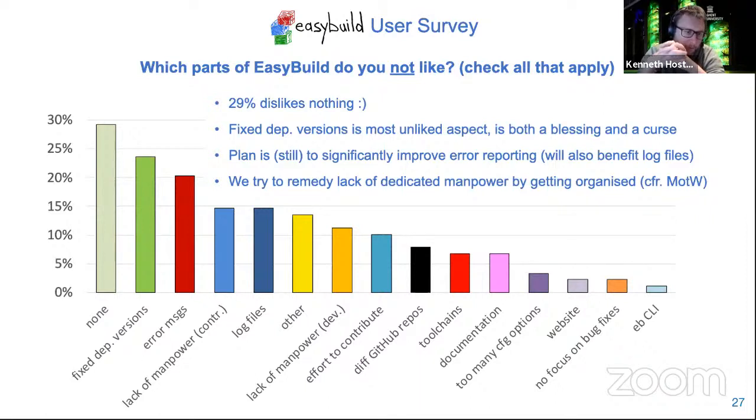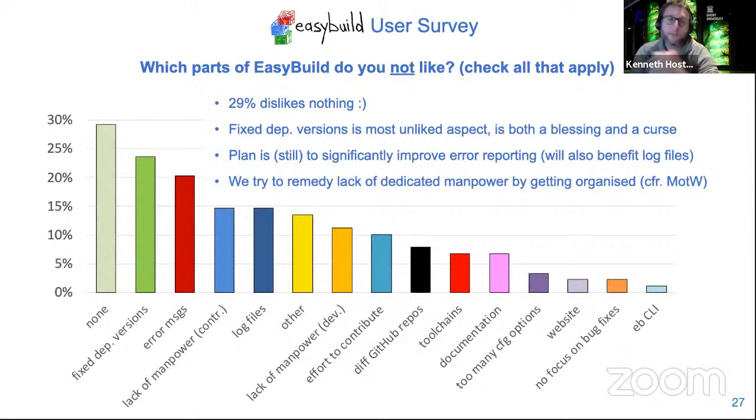Then the next most popular thing was the lack of manpower, either for dealing with contributions or doing EasyBuild development. That has also been raised a number of times, basically in every survey.